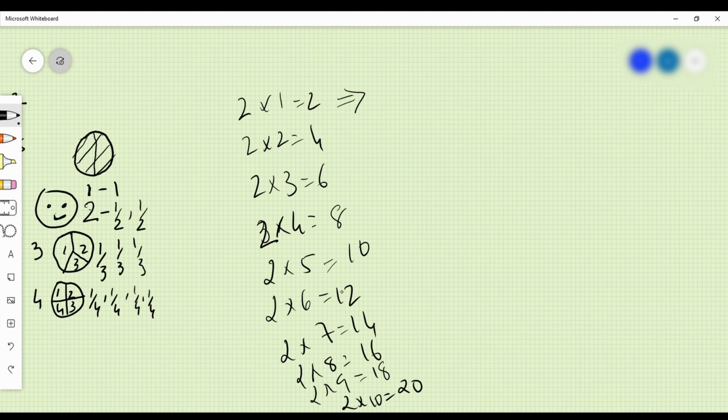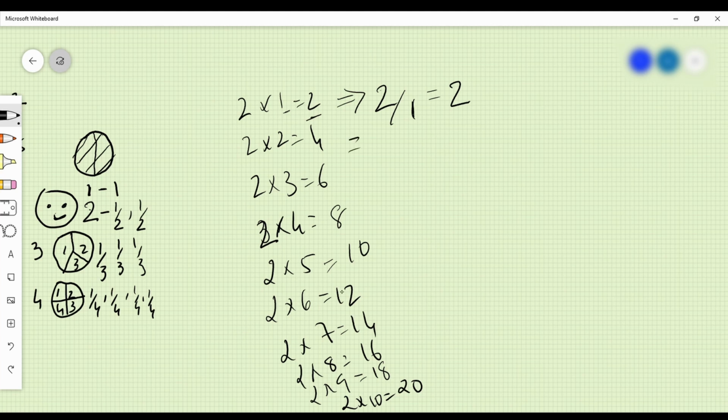So if I want to write, say, divide these two into one part, what I get? 2, because anything divided by 1 equals the same number.